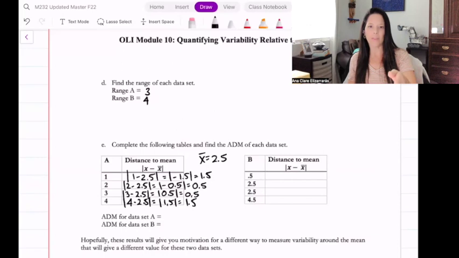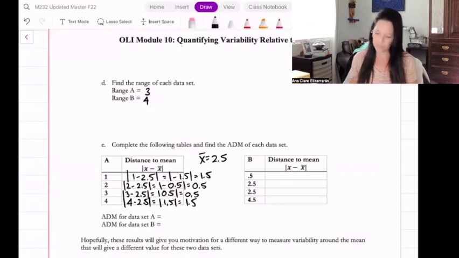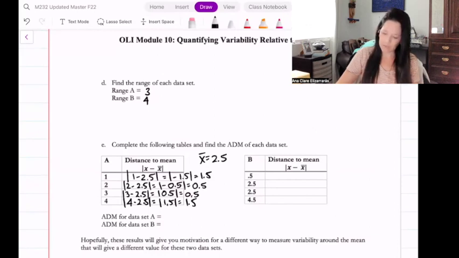Then I'm going to add those 4 numbers together and divide by 4 to find the average of those deviations. 1.5 plus 0.5 is 2, plus 0.5 is 2.5, plus 1.5 is 4. So that is 4 divided by 4, which is 1.